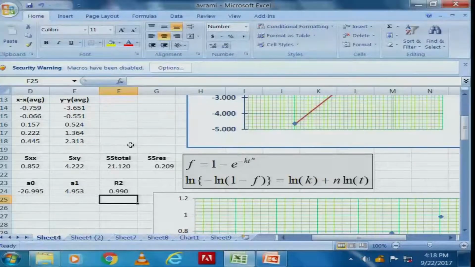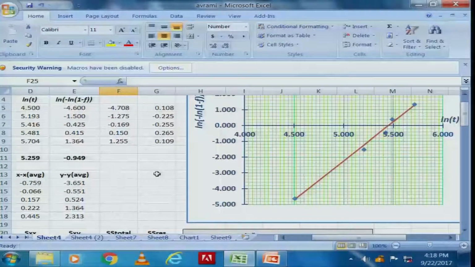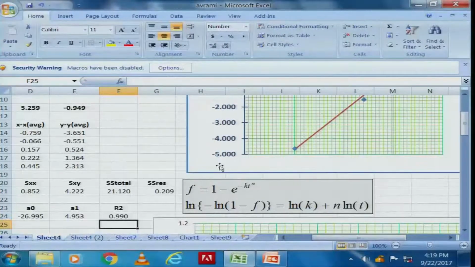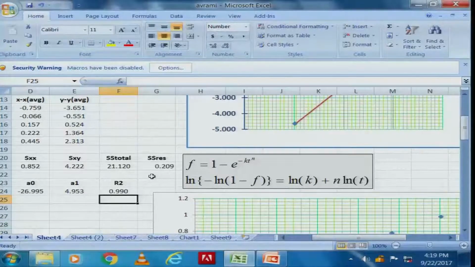This looks like an excellent fit, it is very close to 1, and we can conclude that the data we had for transformation of austenite to pearlite, obtained at a temperature of 660 degrees centigrade, appears to fit the Avrami relationship quite well.